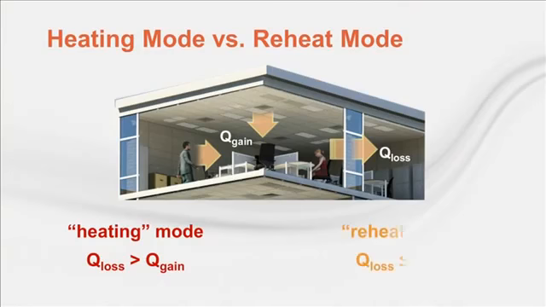This is the mode we often consider when selecting these coils. However, for much of the year, the internal heat gains exceed the heat loss through the envelope. In this case, the zone still has a net cooling load, so the air must be supplied at a temperature cooler than the zone set point. But if this net cooling load is fairly small and the VAV damper has been modulated down to its minimum set point, this coil is used to reheat the cool primary air just enough to avoid overcooling the zone.